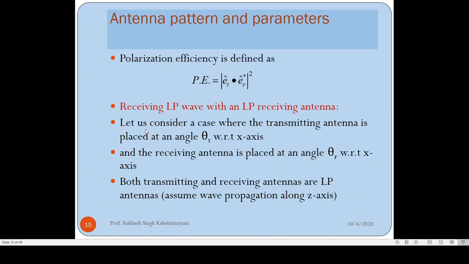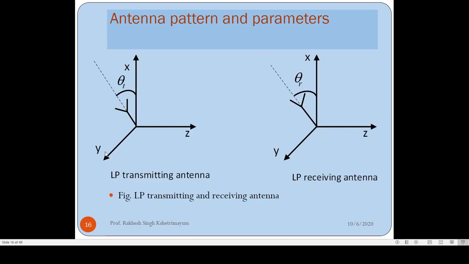So let us see many cases. Let's say you have a transmitting antenna which is linearly polarized, and the receiving antenna also linearly polarized, but the only thing is that the orientation of the transmitting antenna and receiving antenna is different. So let's say this is an XYZ coordinate, this is also an XYZ coordinate, this is your transmitting antenna. Now we assume that it's propagating along the z-axis, then only it will be able to reach this receiving antenna here.